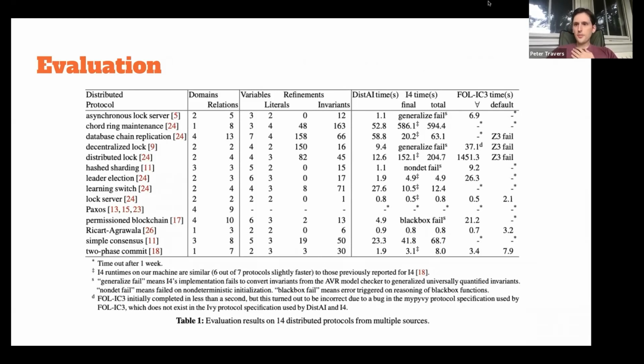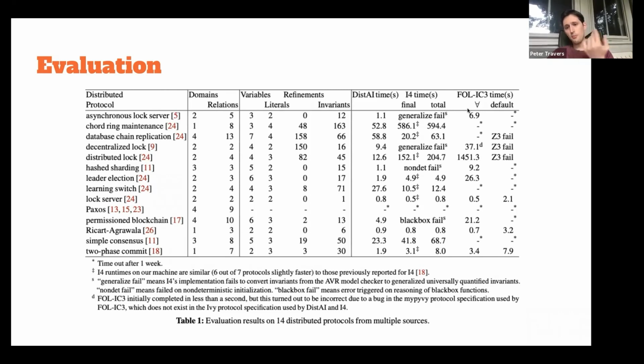Okay, cool. I'm running low on time, so I'm just going to jump into evaluation. Basically, they found that DistAI would complete correctly for 13 of the 14 protocols they checked. The other implementations, like I4 and FOL-IC3, either would not complete in finite time or would complete incorrectly.